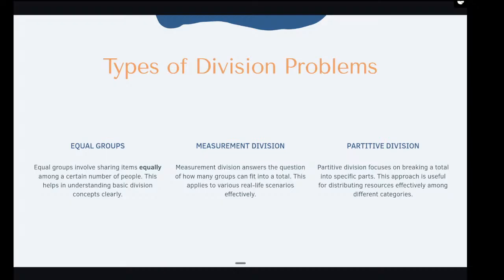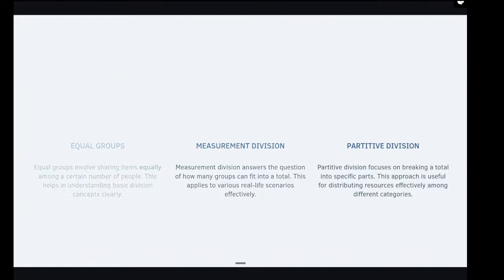This applies to various real-life scenarios effectively. Partitive division. Partitive division focuses on breaking a total into specific parts. This approach is useful for distributing resources effectively among different categories.